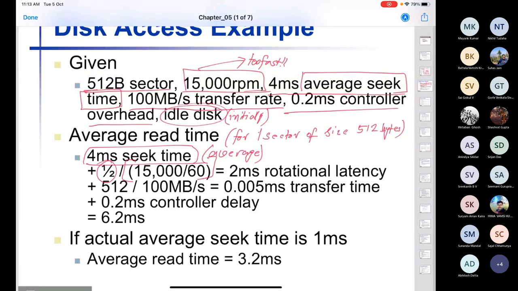So they calculate rotational latency by the number of rotations divided by the time for one rotation, in units of millisecond. Now you tell me, why is half rotation being used?